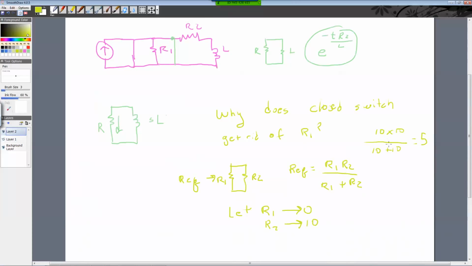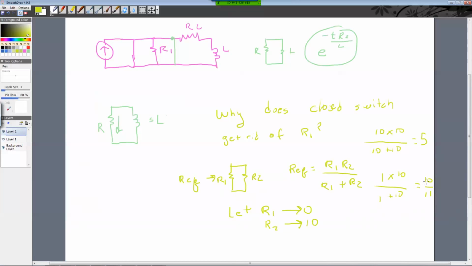But then now we're going to go 1 times 10 over 1 plus 10, and what is that? 10 divided by 11, which is getting close to 1.